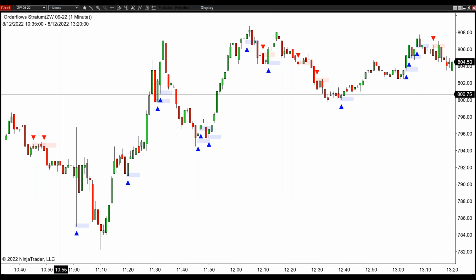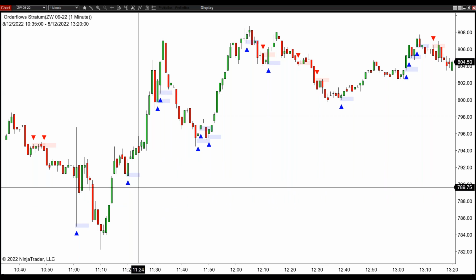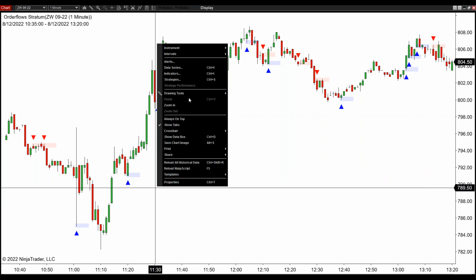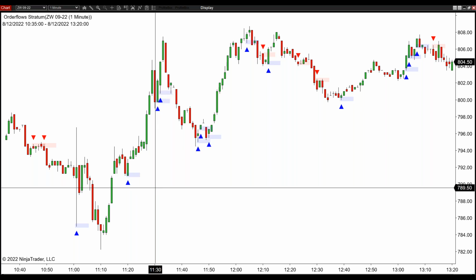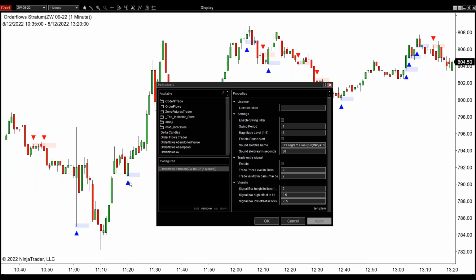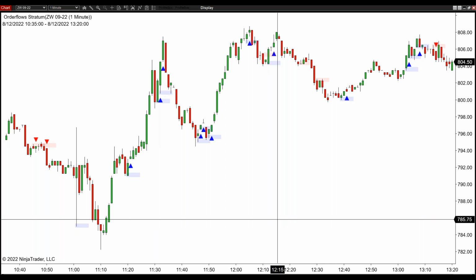So if you have the trade entry signal turned on, then the signal will appear after the signal bar is closed and you have that follow through confirmation, right? If you have it disabled, it will appear as soon as the conditions are met in the bar. So even if the bar is still forming, it will appear there, right?